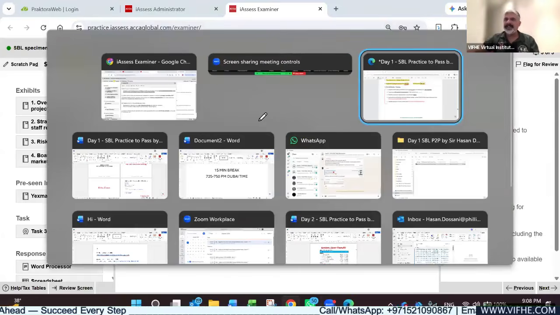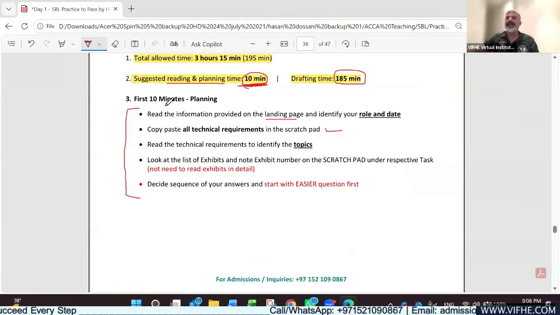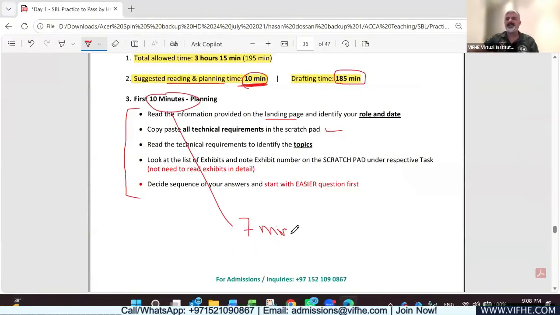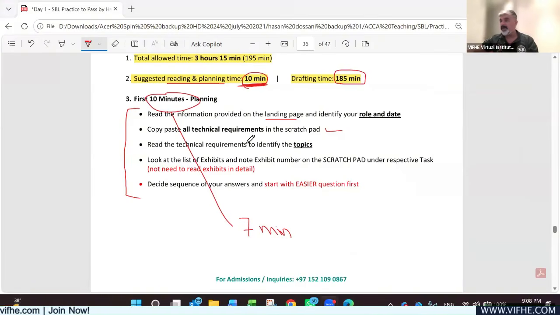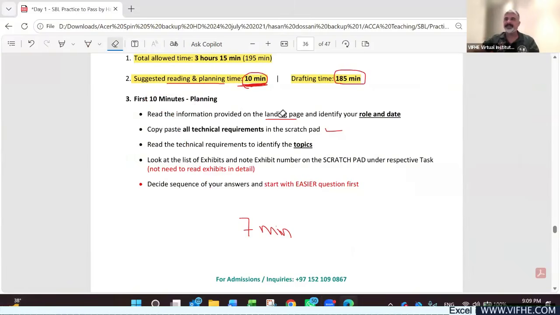So all this will take, and actually it takes, 7 minutes. In reality, when you start doing past papers, all this will take not more than 7 minutes, but I have kept 10 minutes just in case. Is this clear what you will do in the first 10 minutes?